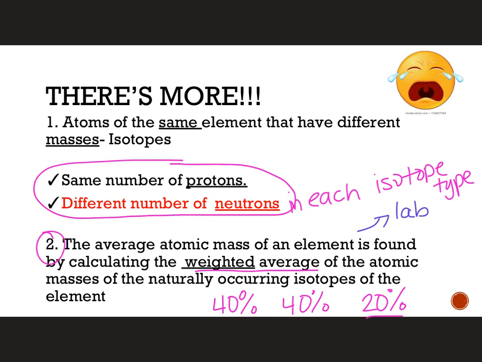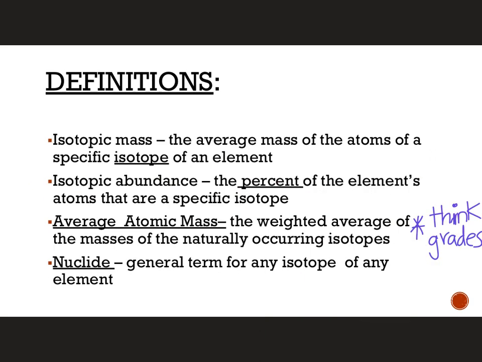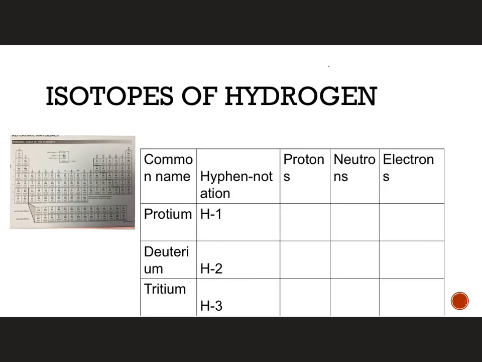It only accounts for 20% of the grade versus your tests and stuff accounting for 40%. And that's where that average atomic mass will come from, but we'll have a whole lab over that. All right. So this is just kind of going over a few of the definitions. You can look at that on your own again.